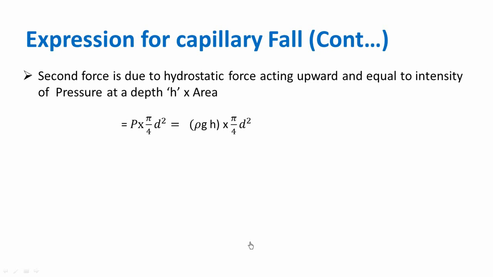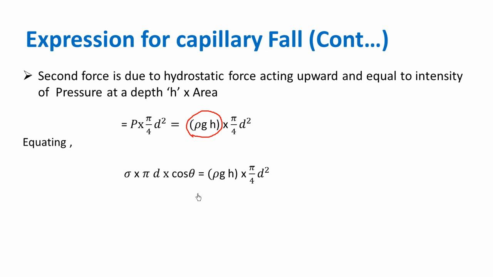That can be written similar to the previous one, p into pi by 4 d square. But here the p value is nothing but rho g h, as we already saw from the hydrostatic law. So we substitute p equal to rho g h, then equate these two expressions: sigma pi d cos theta equal to rho g h into pi by 4 d square.